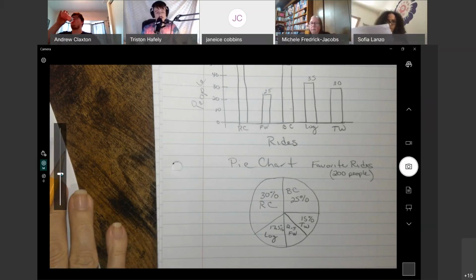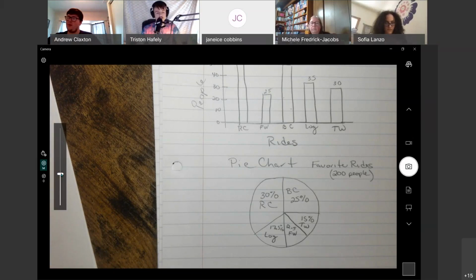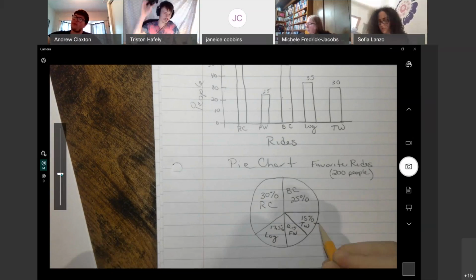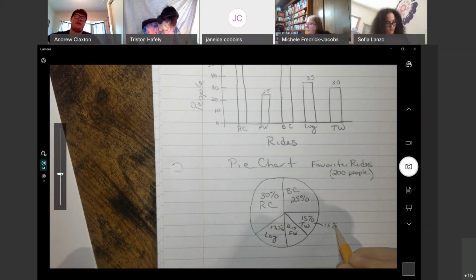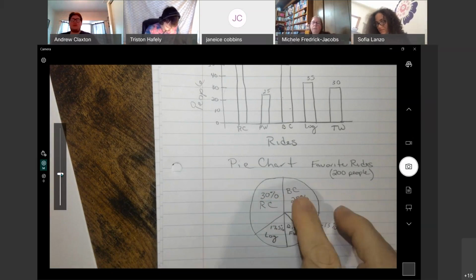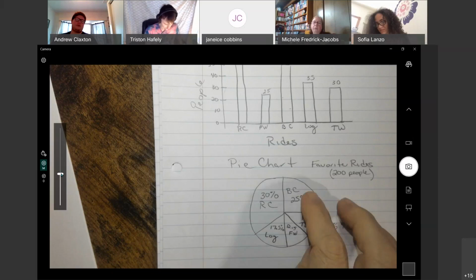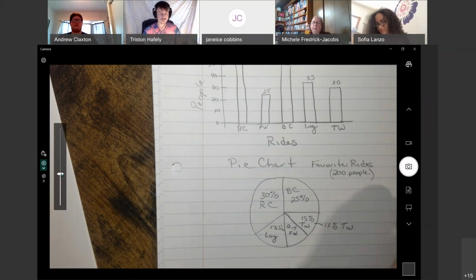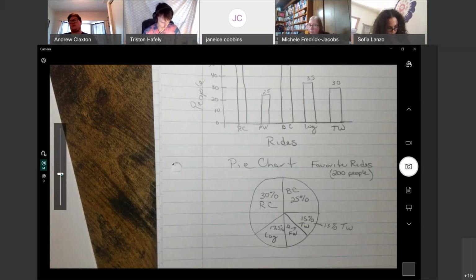Yeah, do we have to write that inside the circle, or can we just put arrows? You can do arrows. When we do it on Excel, some of them will write it in there, but others will make it a different color and then put it on the side. Any questions on that?